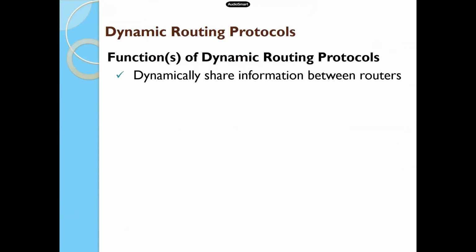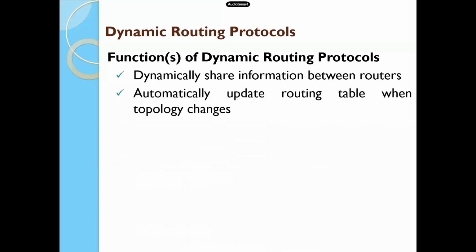And here, the routers themselves will share information among each other. Like the routers, let's say, they will update their routing tables automatically. They will share information between themselves, and the update will happen automatically whenever there is a change on the network topology. So it does not wait for an action from the network administrator. Things will happen automatically here.